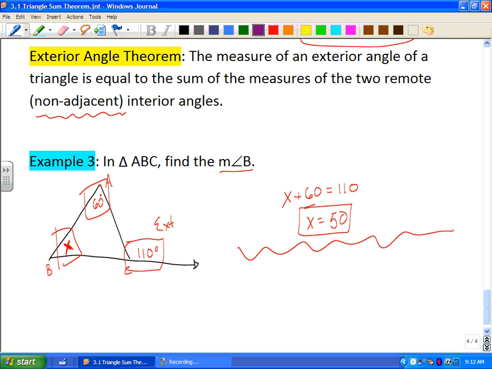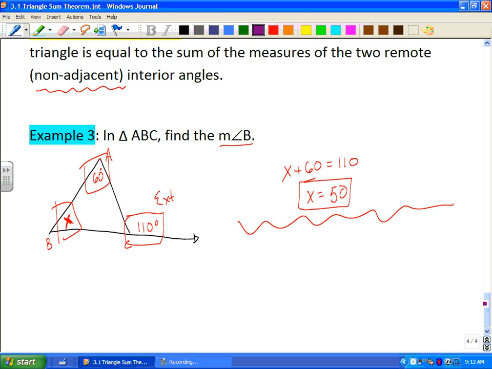Now, the other way that you could have solved this is using the triangle sum theorem, that the interior angles add up to be 180. You know that angle C and the exterior angle at angle C add up to be 180. That's a linear pair. So, therefore, this angle is 70. All right, so angle C is 70.